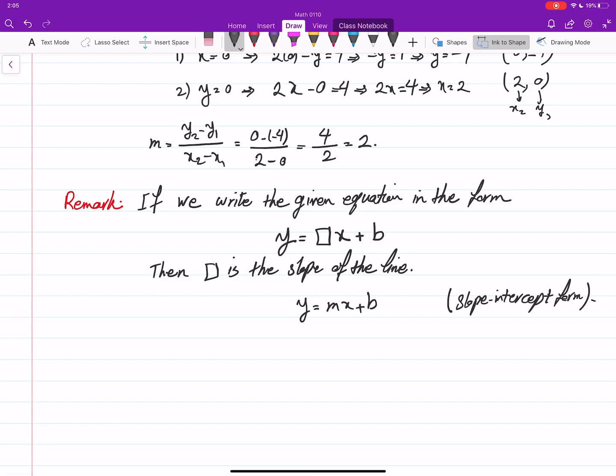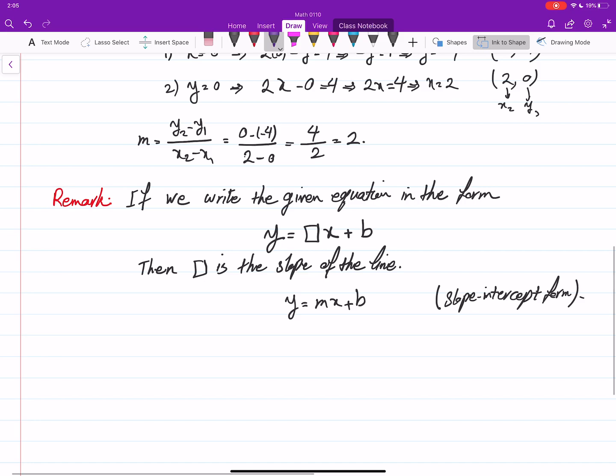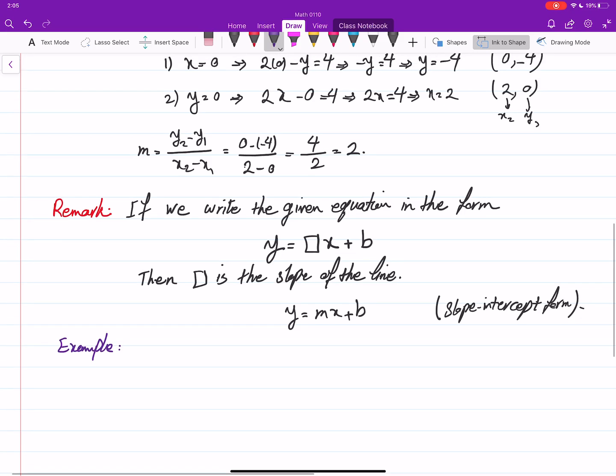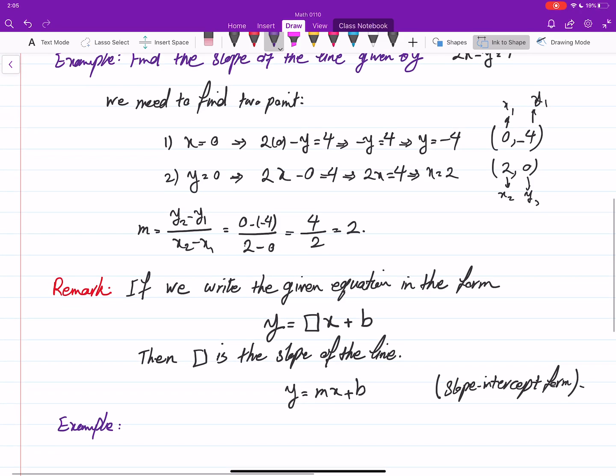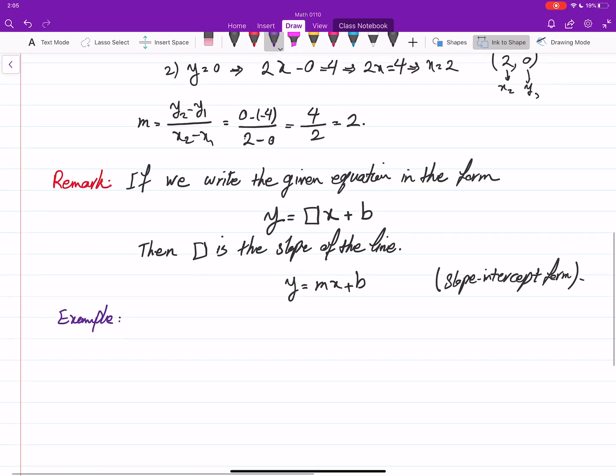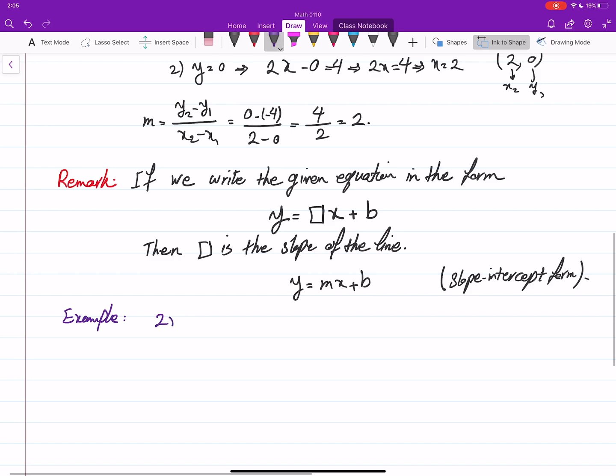So let's repeat the example we had before. The equation was 2x minus y is equal to 4. I have to turn this into slope-intercept form, meaning keep y alone on one side.